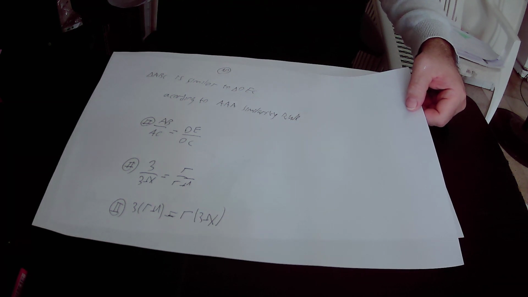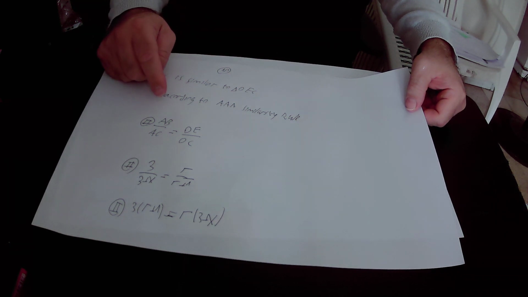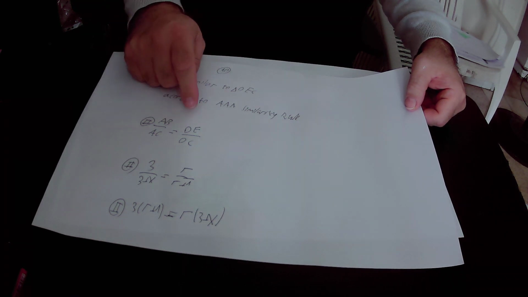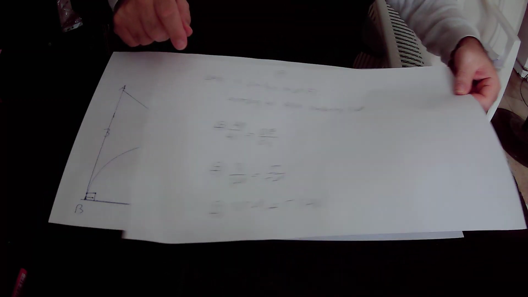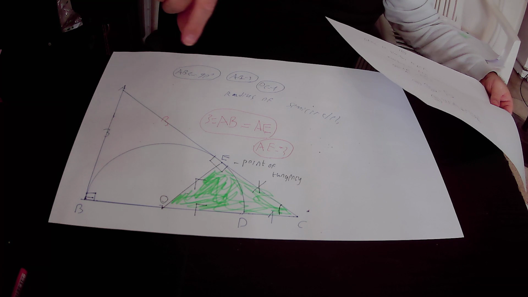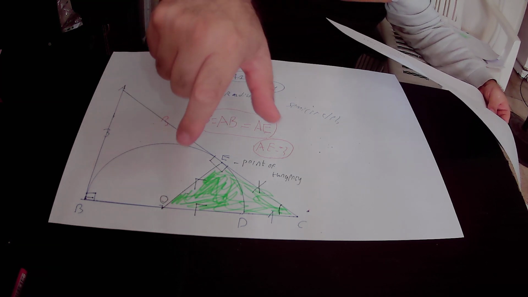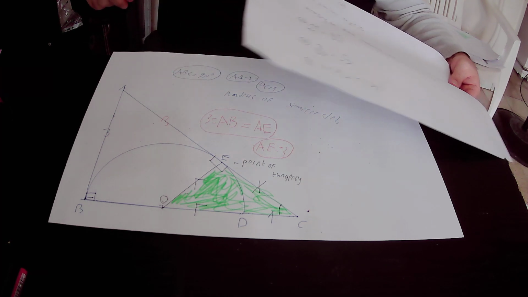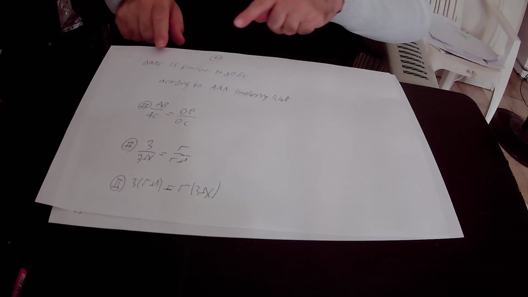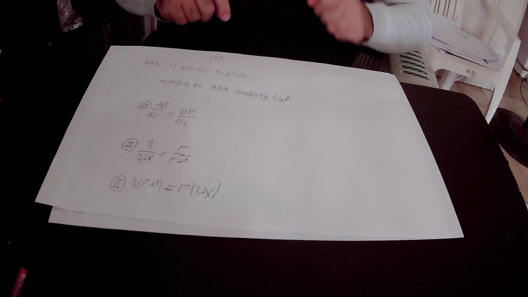And from that fact, we can derive that AB over AC equals OE over OC, in triangle ABC and triangle OEC respectively, because triangle ABC is similar to triangle OEC.